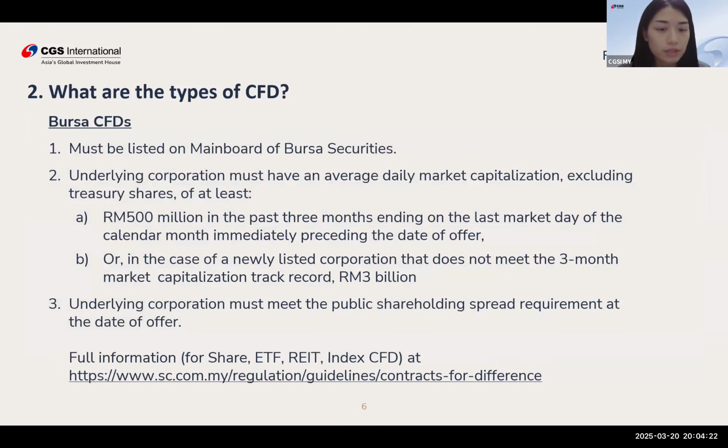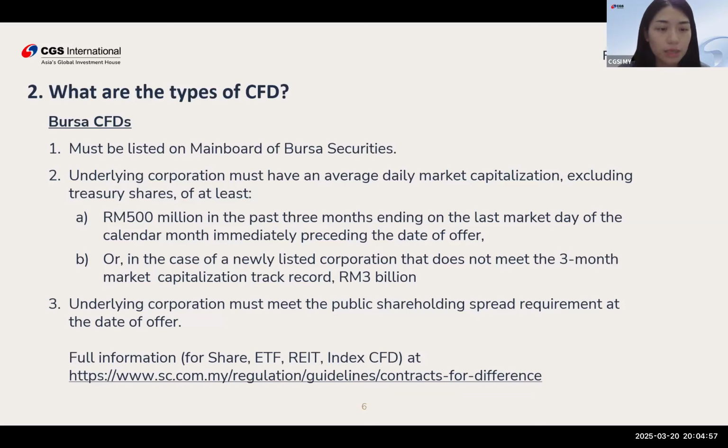So, for your information, these are the criteria of Bursa CFD to be offered. Firstly, the underlying share needs to be listed on the Main Board of Bursa Securities. Secondly, the underlying corporation must have an average daily market capitalization, excluding treasury shares, of at least 500 million in the past 3 months ending on the last market day of the calendar month immediately preceding the date of offer.